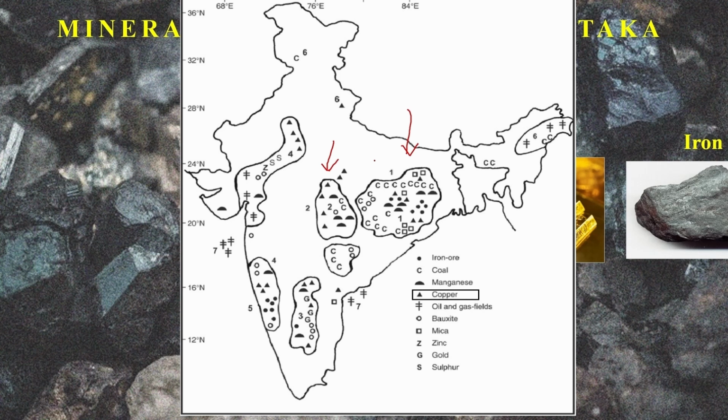We already marked. Copper is one of the important minerals that can be seen here, followed by manganese, bauxite, limestone, marble, some amounts of coal as well, iron and graphite. Which are the states? States like Chhattisgarh, Madhya Pradesh, Telangana, Andhra, and Maharashtra come under the central belt.